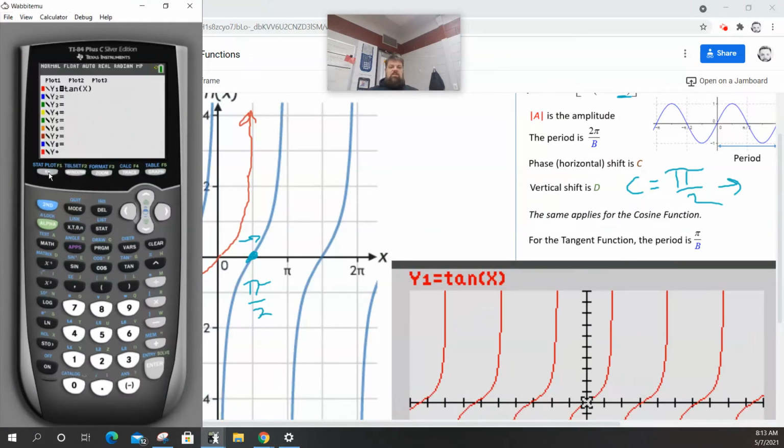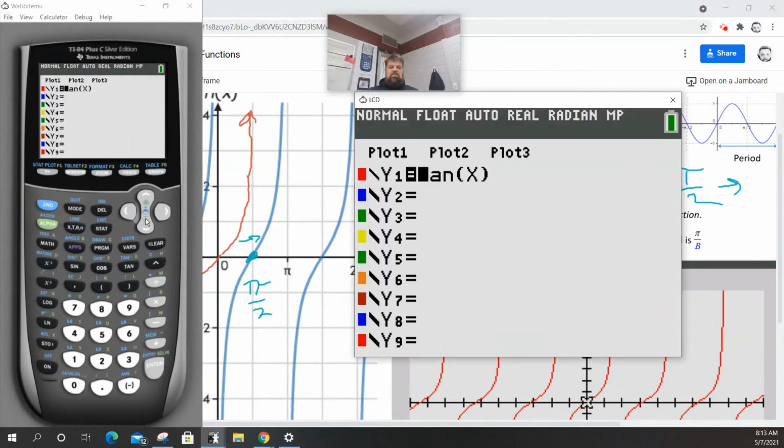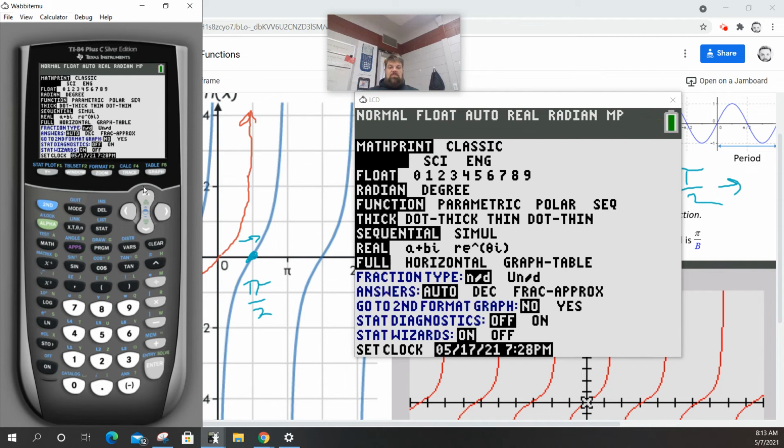So then if I go in here, and just on the second function, if I put in tangent of x minus, then in parentheses again, pi, oh shoot, I hit the wrong button, pi divided by 2, close the parentheses, close the parentheses. I want to make sure I'm in mode, yep, and I want to make sure I'm in radian, and I am. So now if I hit graph.